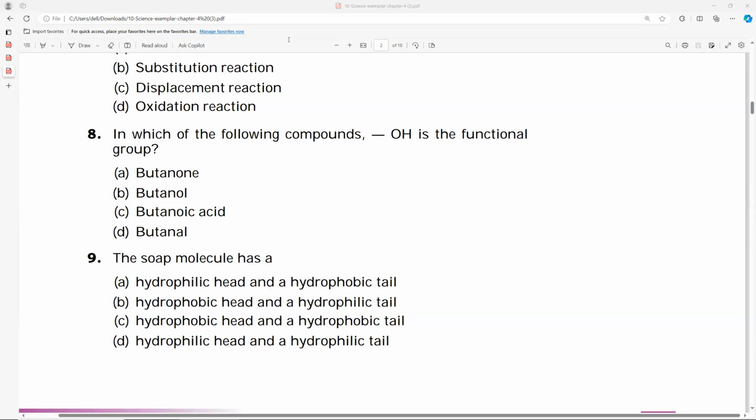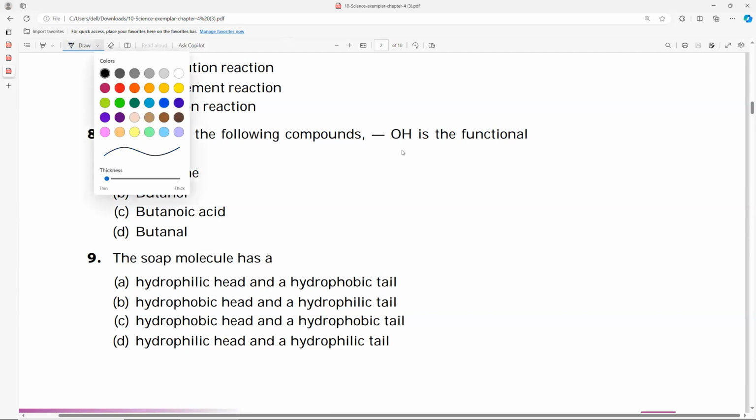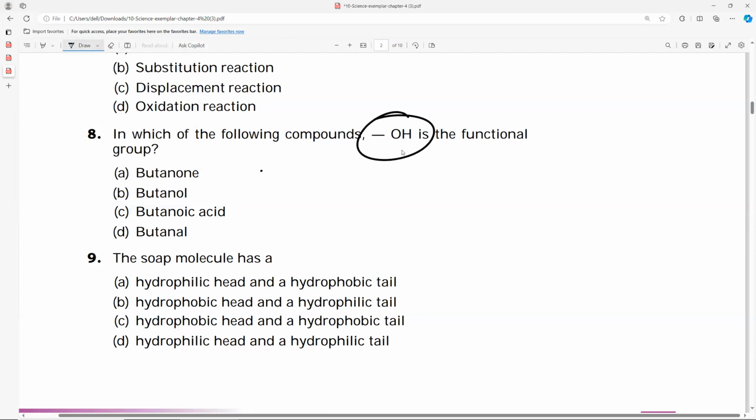You see here that this is an OH group and the OH group has the suffix "ol". So butanol is here. B will be the correct option. Which functional group is butanol going to have?